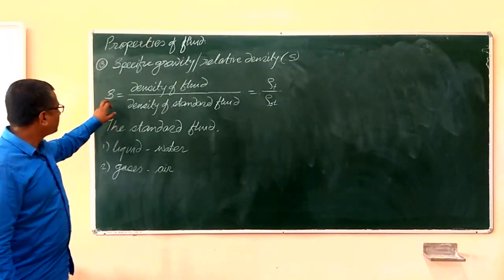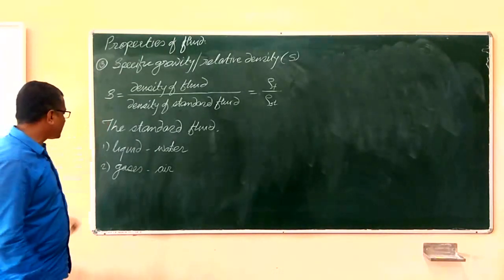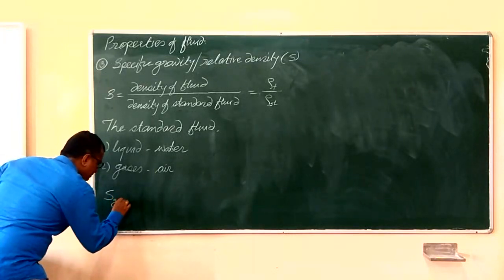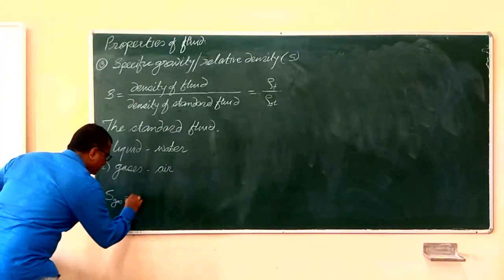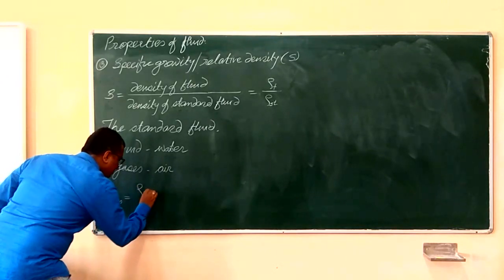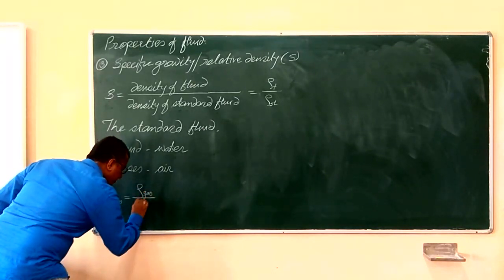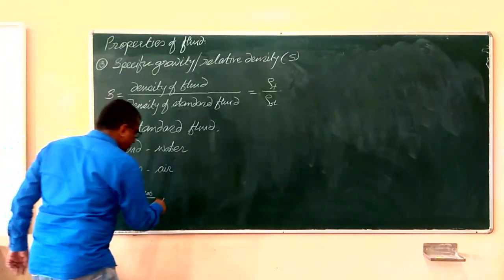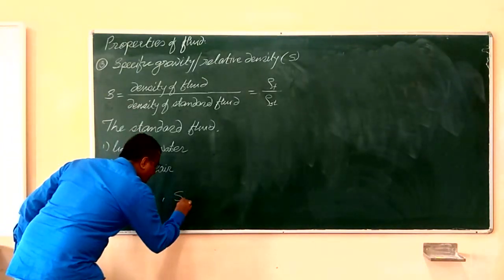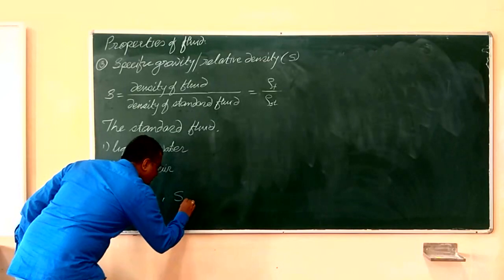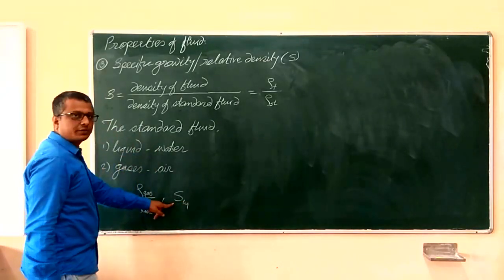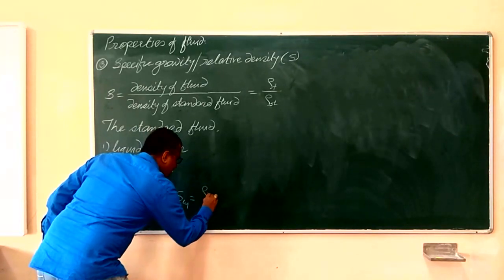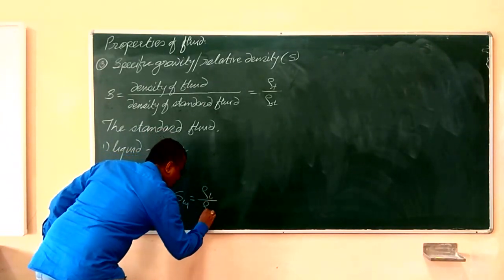From this I can write down the formula for specific gravity. The specific gravity of a gas is the density of the gas divided by the density of air. Whereas if you want to measure the specific gravity of a liquid, it is the density of that liquid divided by the density of water.